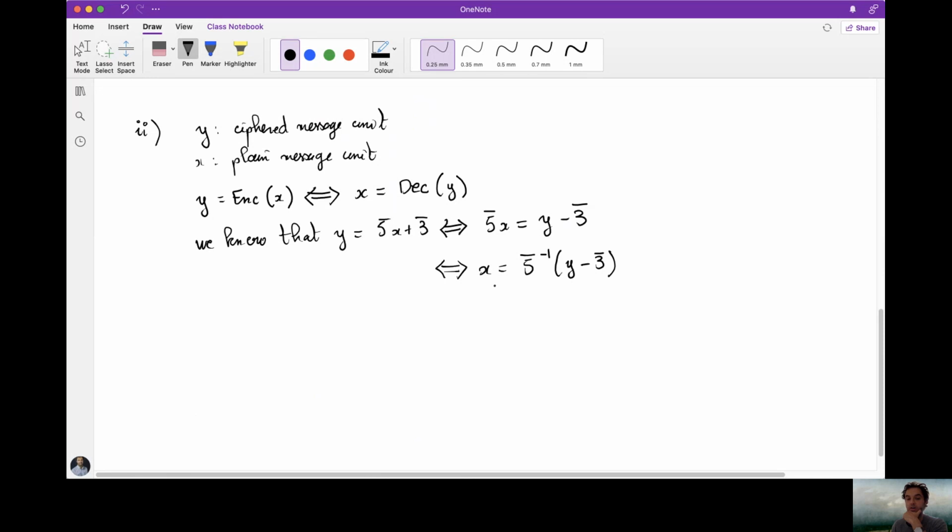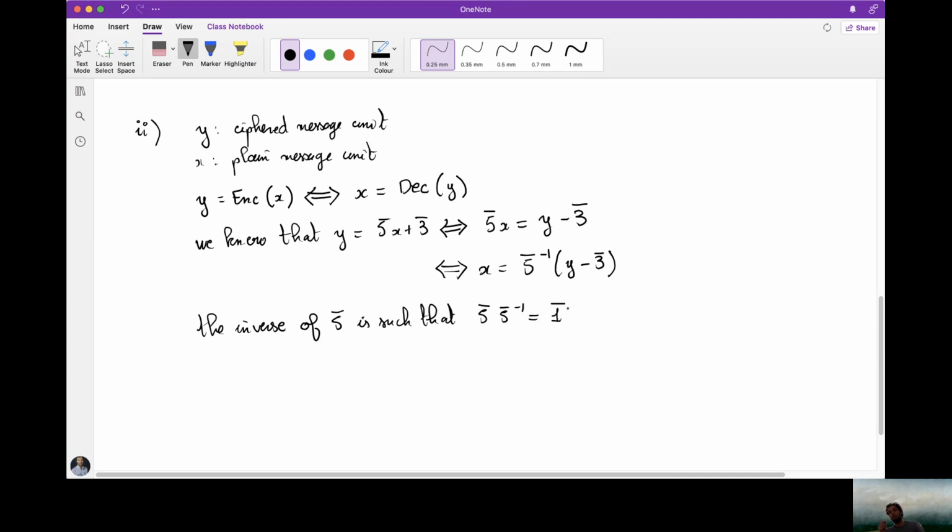To find the inverse of 5, we can do this in various ways, and you should know how from the first chapter. The inverse of 5 is such that 5 to the minus 1 is equal to 1 modulus 11. This is quite simple.